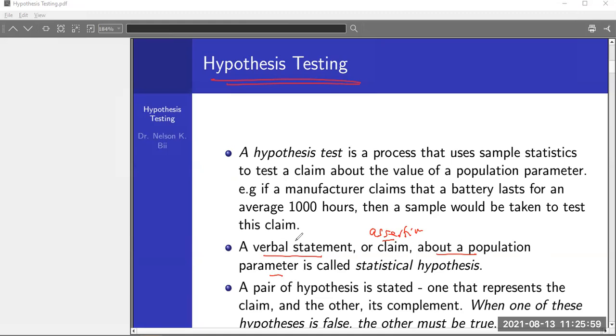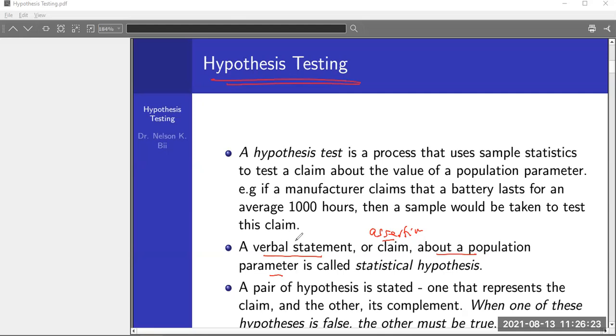For instance, if a manufacturer claims that fluorescent tubes, or some electrical appliance, will last for 1,000 hours, or 3 years or 5 years, that's a claim. That's just a statement.